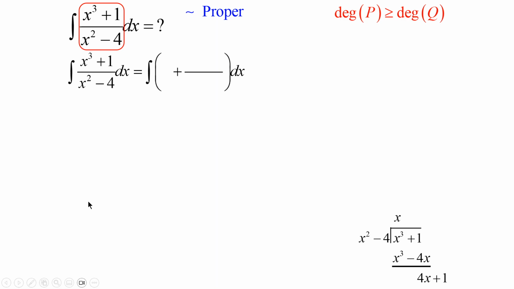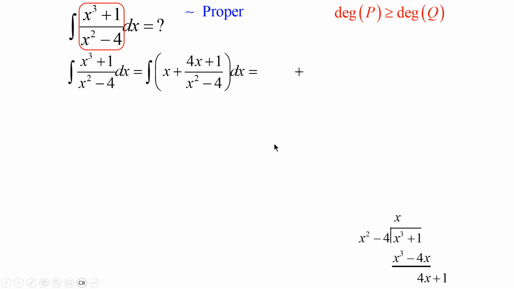So I'm going to say the quotient was the x, the divisor was the x squared minus 4, and the remainder was the 4x plus 1. I messed that up. Here's the divisor, the x squared minus 4.